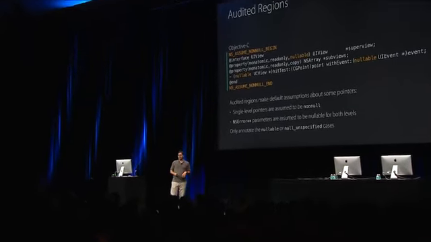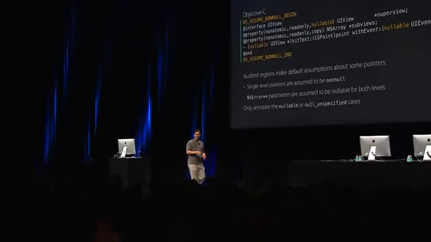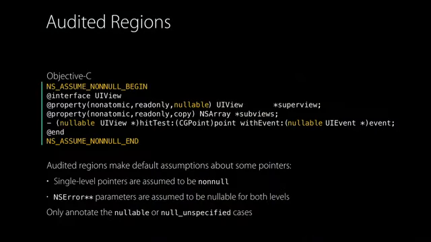Great place to use null unspecified. Just mark it as null unspecified. This means I thought about it, I couldn't come to an answer. The best thing to do is keep it implicitly unwrapped optional in Swift. Keep it null unspecified here. You can always come back to it later. So when auditing, you really want to get some good breadth early to make your APIs much, much better, faster.